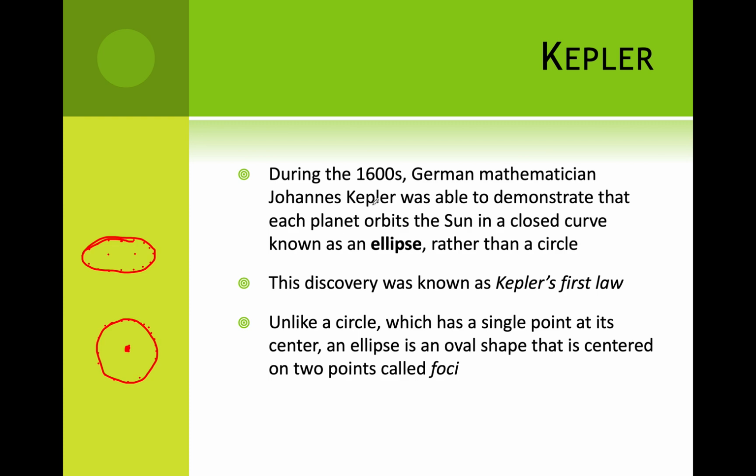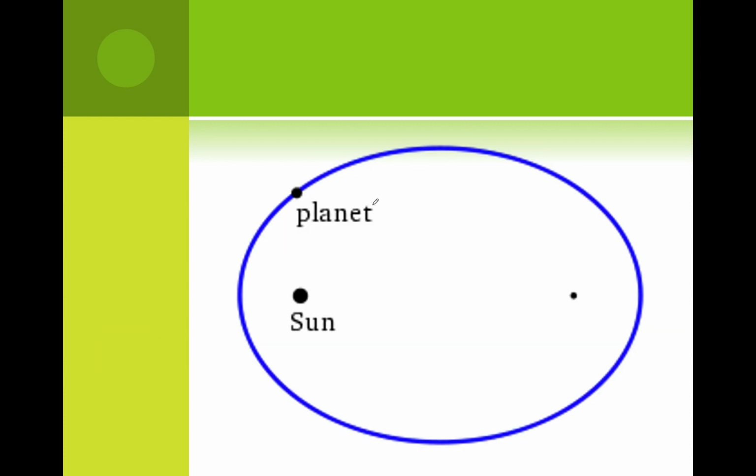Unlike a circle, which has a single point at the center, an ellipse is like an oval, and it's not really an oval shape, because an oval is kind of an ill-defined term. But it has two centers or two foci, which is the plural of the word focus.